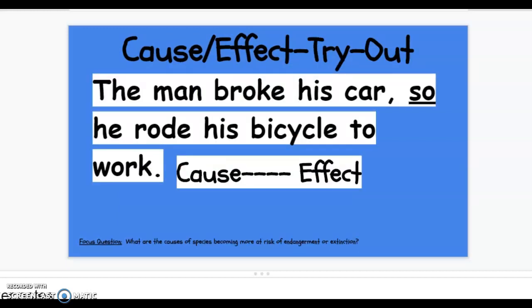Here we have another tryout that we would have done together in class. The man broke his car, so he rode his bicycle to work. So we have over here a signal word, so, right? Which goes back to the signal words.